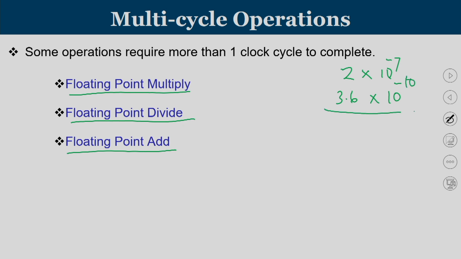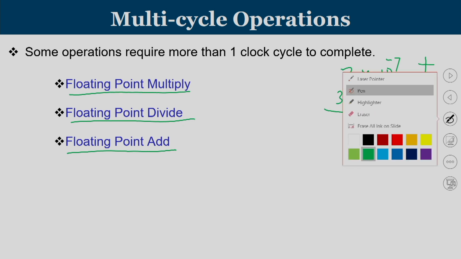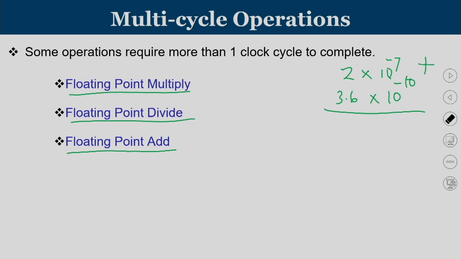If you want to add these numbers, it is not like adding the mantissa portion directly. We have to shift first, making sure that both numbers have an exponent of either 10 to the power of minus 7 or 10 to the power of minus 10. Once you make the exponent the same, then we can add the corresponding mantissa. This whole operation is typically involved in floating point arithmetic.